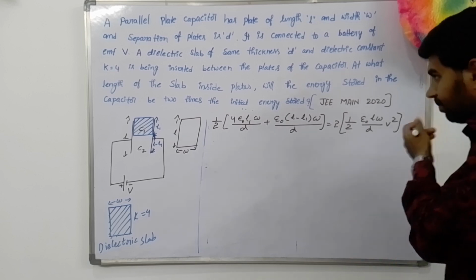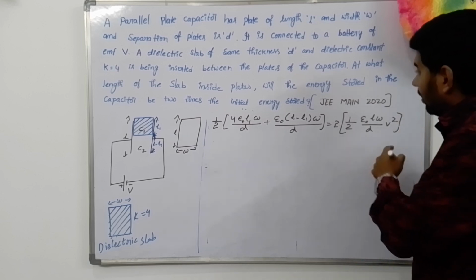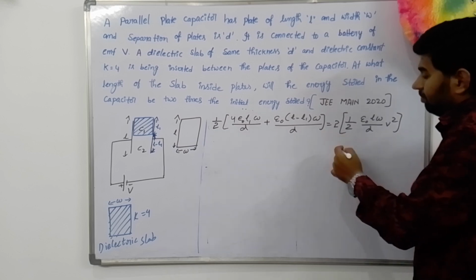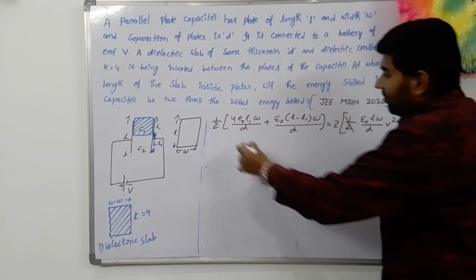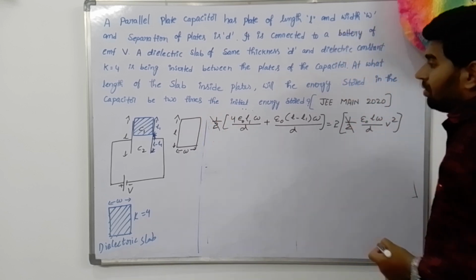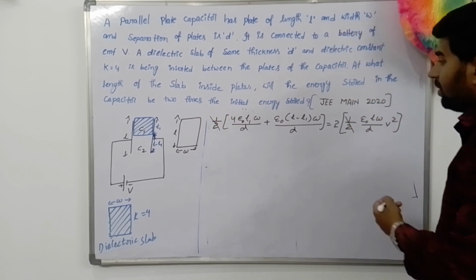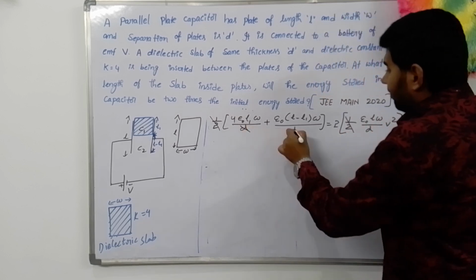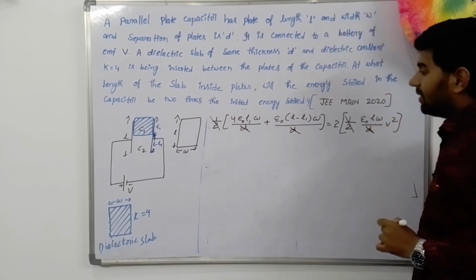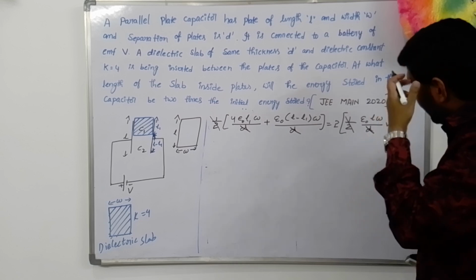And here, what are the common terms? If you observe, the half on both sides is cancelled, and here if you take D common, all these are cancelled. What about the remaining things?